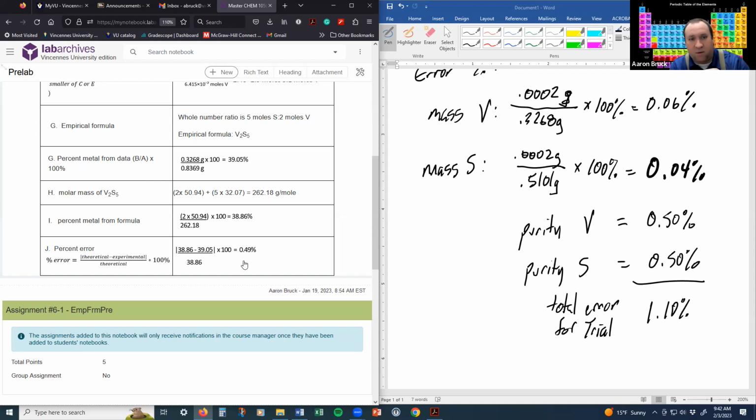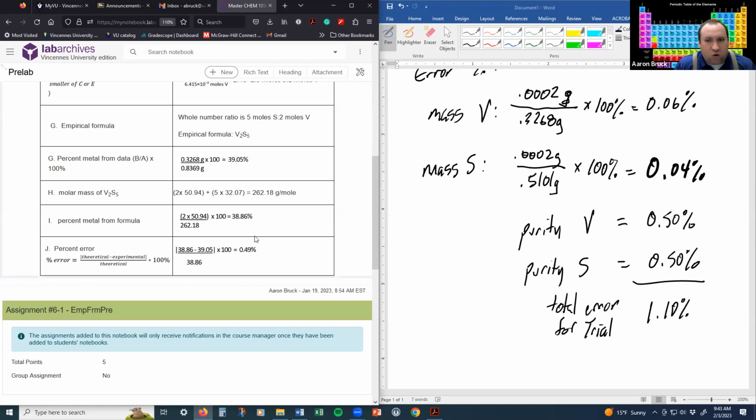If the percent error in our experimental analysis is lower than this one, then that's a really good sign. What that is saying is that for the most part, we can probably assume that the errors we're seeing here, this 0.49%, can largely be explained away by the instrumentation that we used and the purity of our solids.